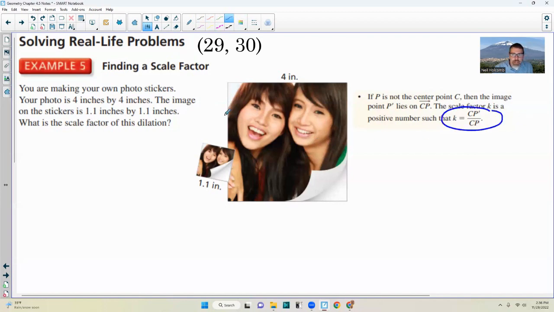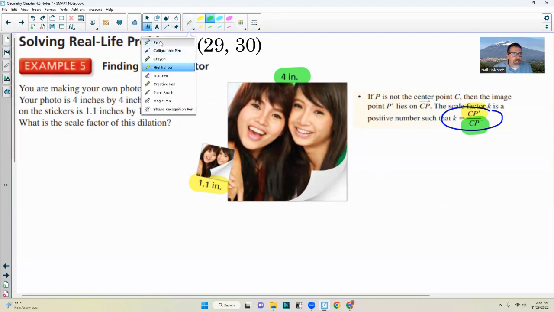Remember, scale factor is k equals CP prime over CP, where CP prime is the length of the side of the image. Okay, so let me highlight that. So this is my numerator. This is my denominator. The original, and the prime's the image.